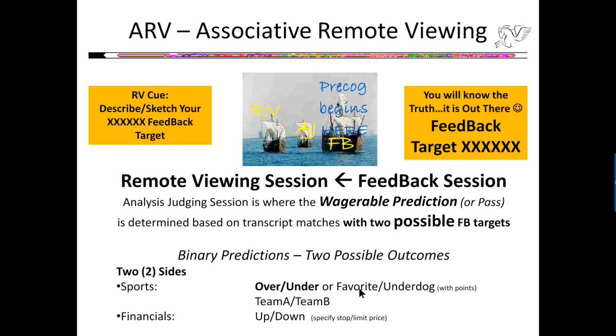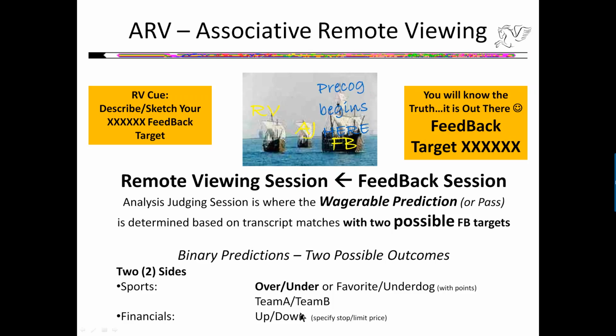There might be a favorite winning team, an underdog team with what are called points. We're not going to get into the details of this now because it doesn't matter. It could be team A or team B. The point is there are only two possible outcomes. It could be yes, no. For financial movements where you're talking about prices, the two possible choices are an up move and a down move.